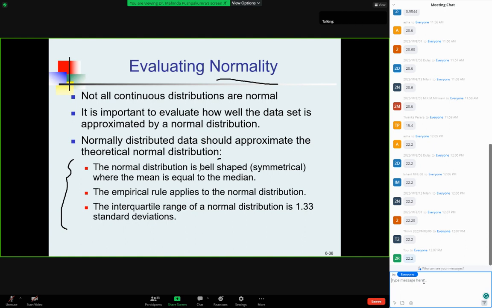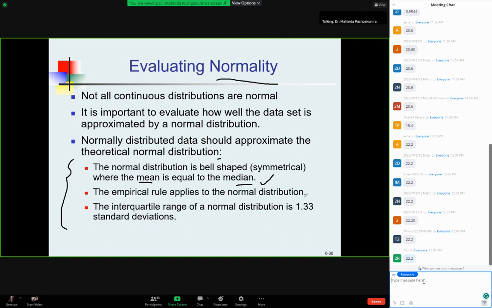Normal distribution is bell-shaped where mean is equal to median. Then one criterion you can check is whether mean and median are equal. If this condition is satisfied, it may be a bell-shaped distribution.